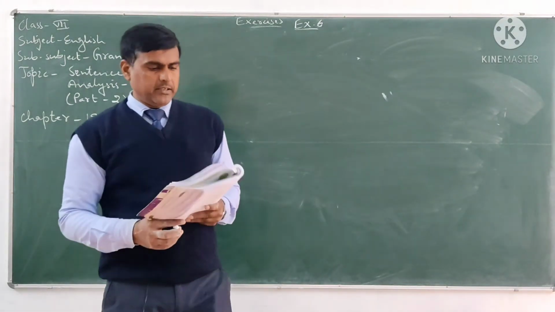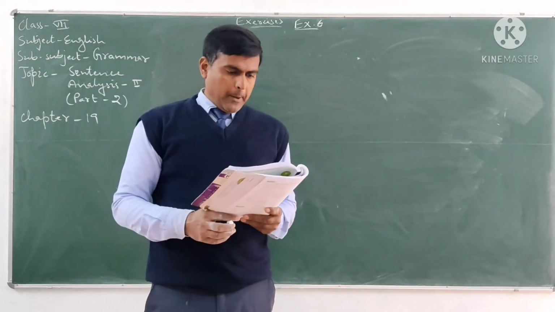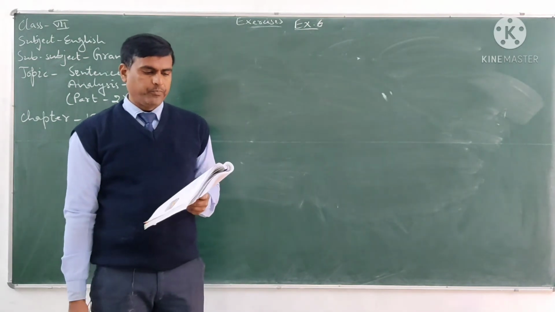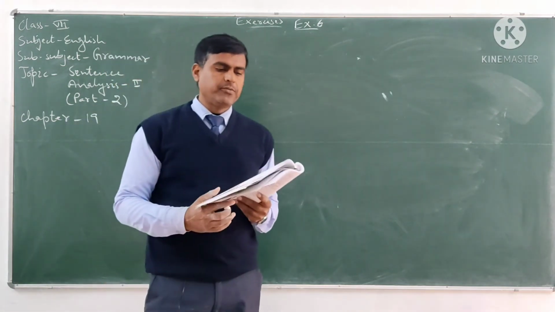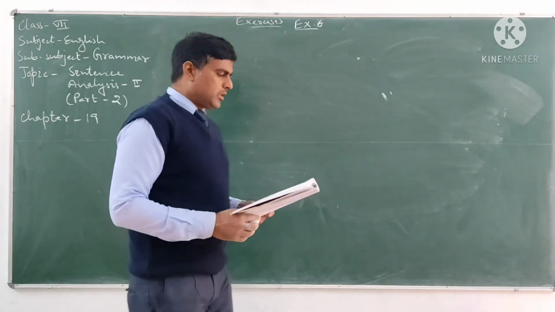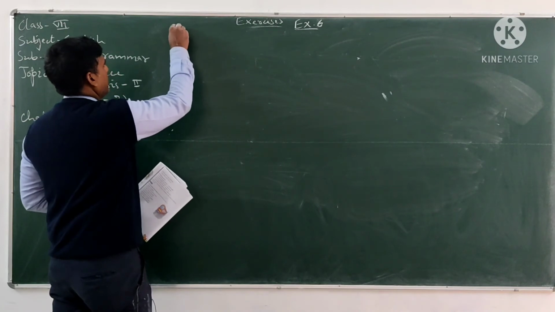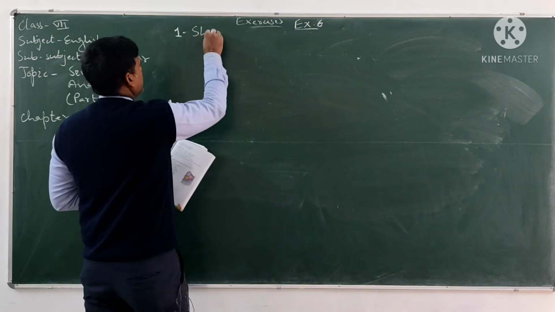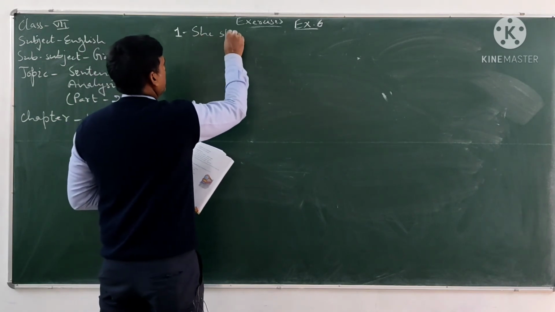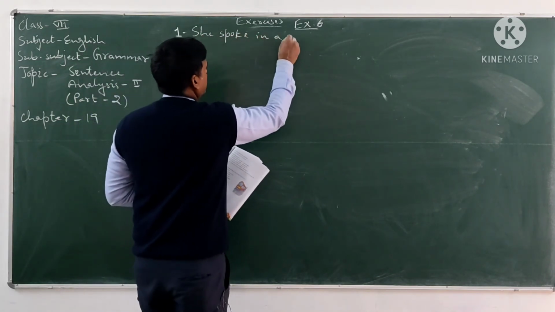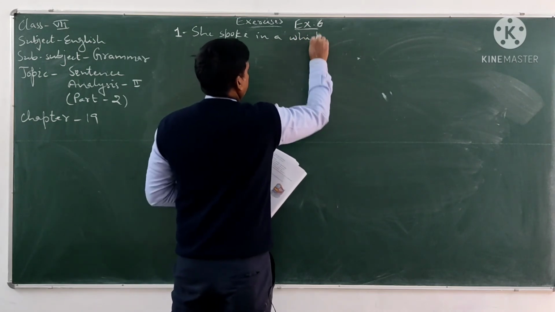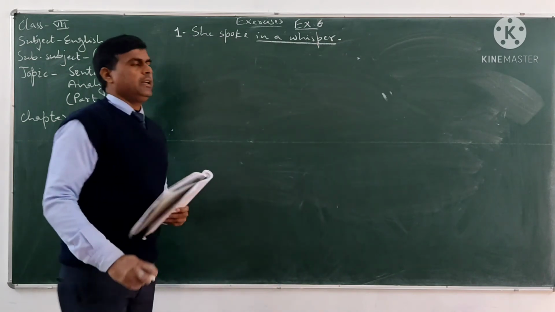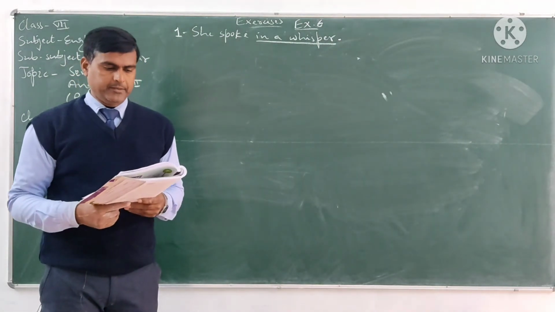In this exercise, it is said, underline the extension of the predicate in each of the following sentences. We have to underline the extension of predicate. The first sentence is, she spoke in a whisper. In this sentence, in a whisper is the extension of predicate.